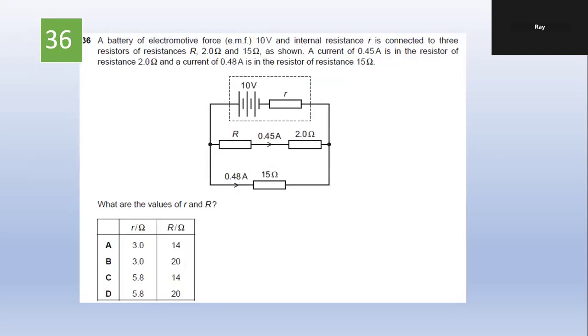This one is a bit more challenging. 10 volt. Internal resistance. Current flow through is 0.45. Current flow through is 0.48. What is the value of R and R?